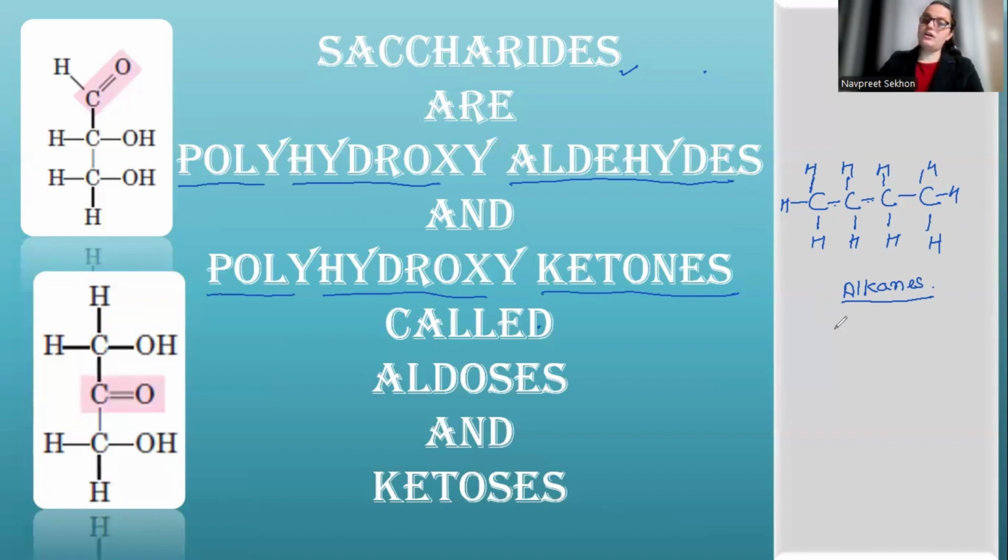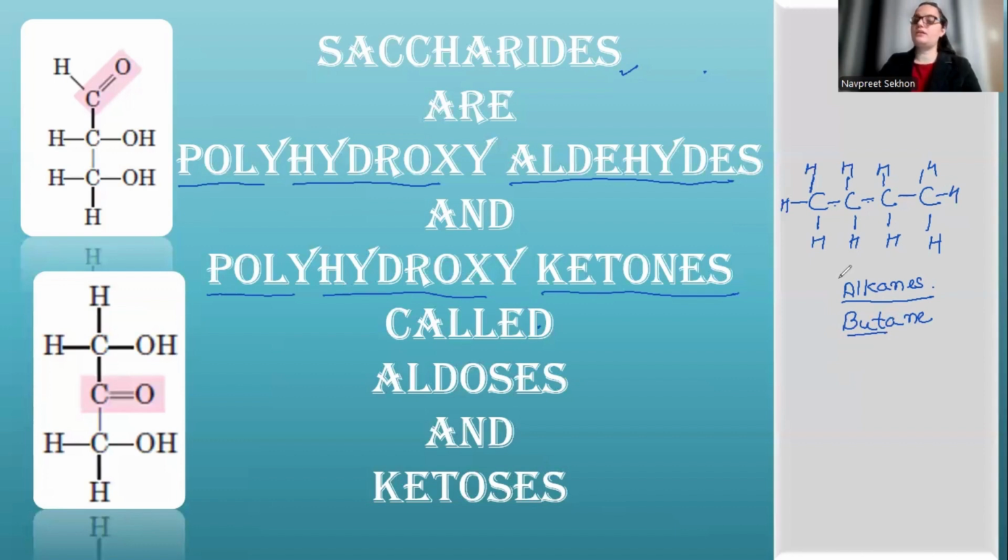Now, because there are four carbons over here, which type of alkane is it? It is butane. For the four carbon chain, the prefix name is but: one, two, three, four. For a one carbon compound, it is meth. For two carbons, it is eth.